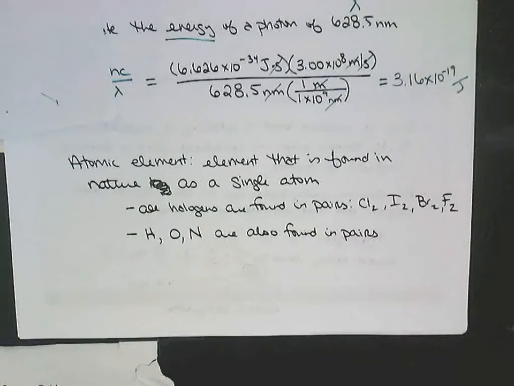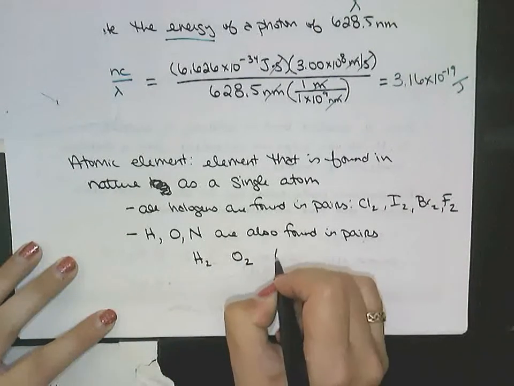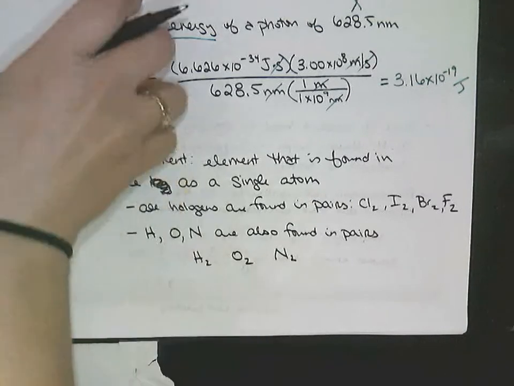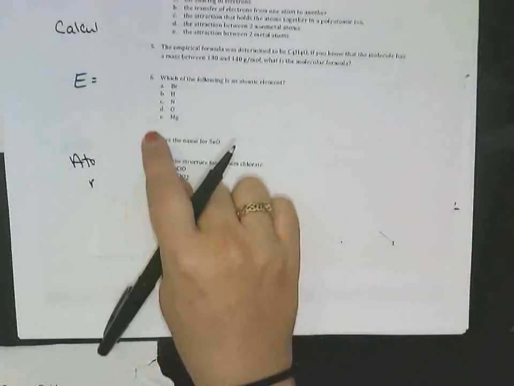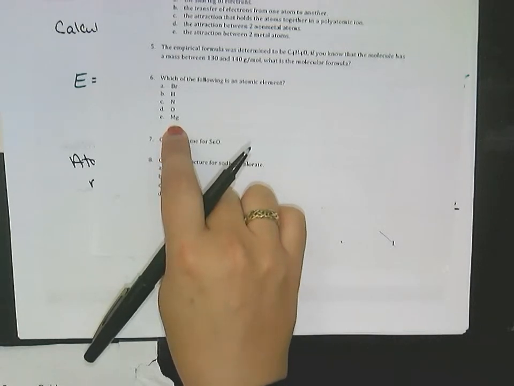So it's always going to be H2, O2, and N2. And those are the elements that will always be found in a pair. So the only one on that list that's not on my list was magnesium. So magnesium is totally fine just hanging out by itself, being a solo element.